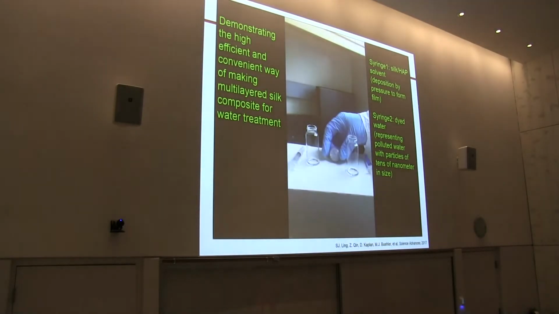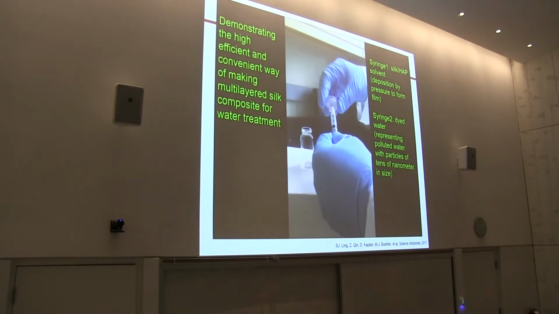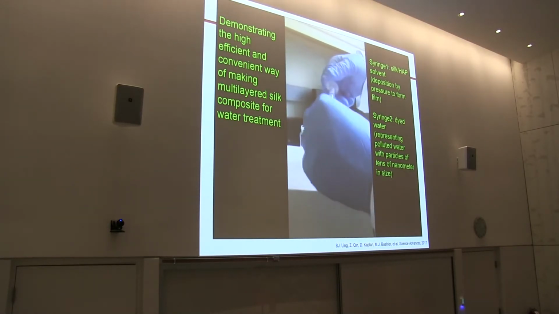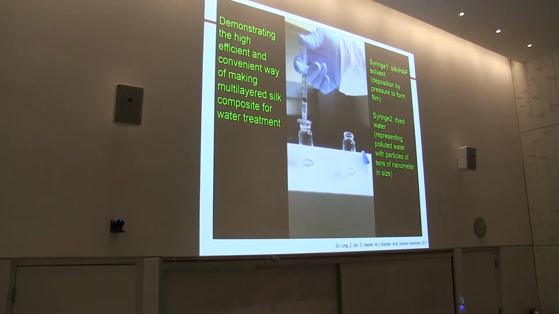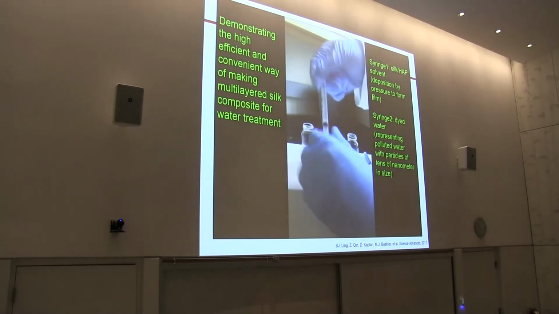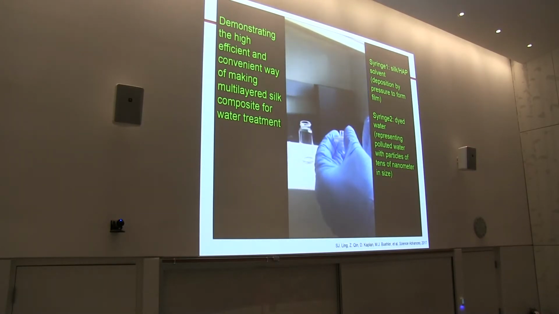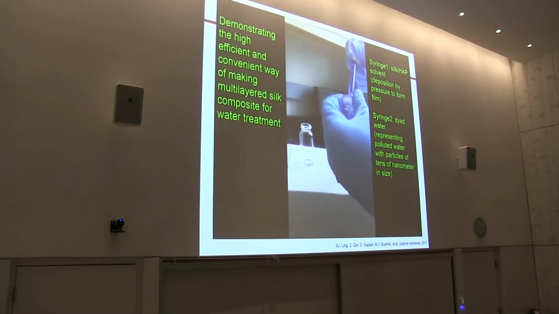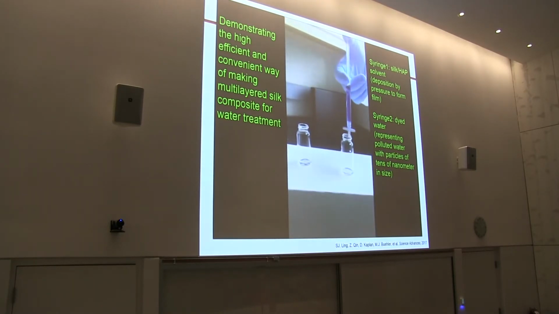So here is a short movie that shows how water filtration may be carried out by using the membrane. For the first syringe we have, I have put the silk with the hydroxyapatite, and then it ends up with a thin membrane at the middle of this disc. It's so thin that you cannot clearly see it. But then, to demonstrate its effect, I put water and fluorescent dyes inside this syringe.